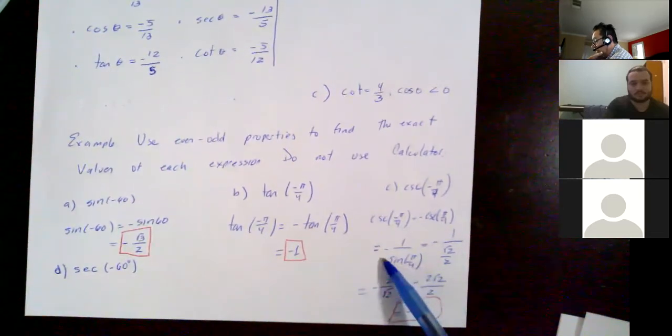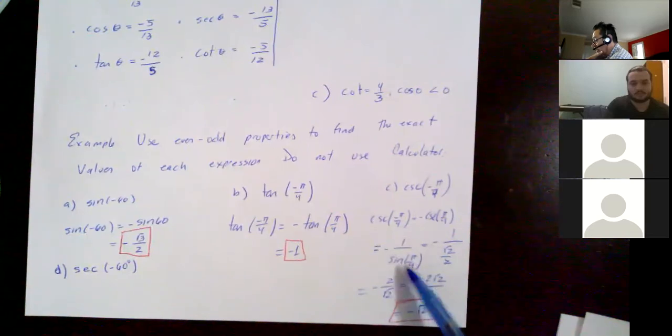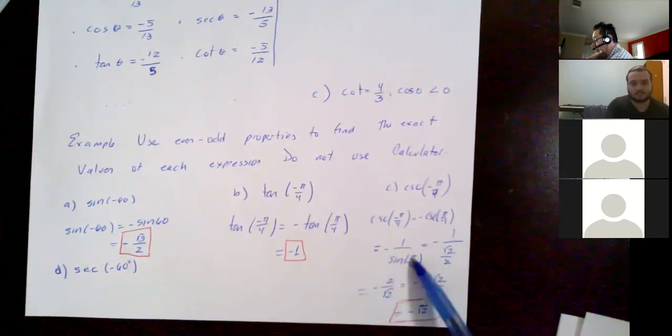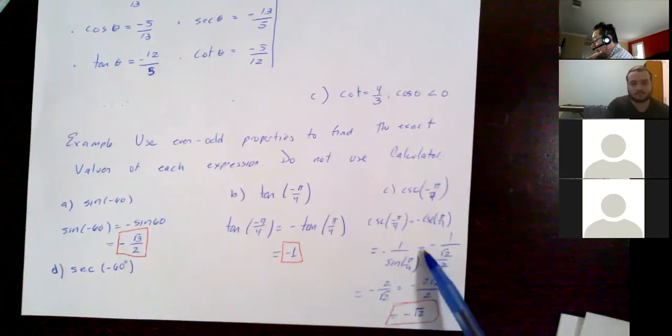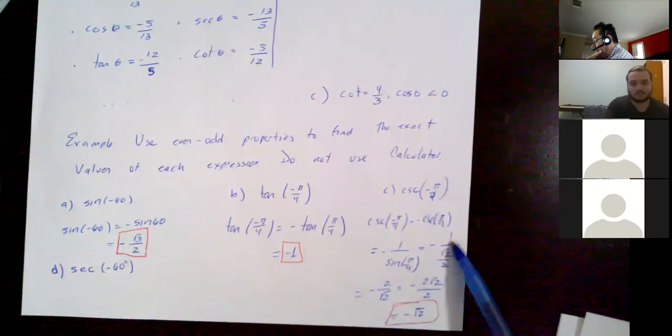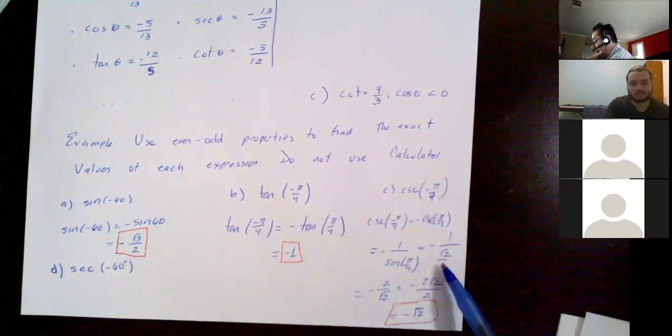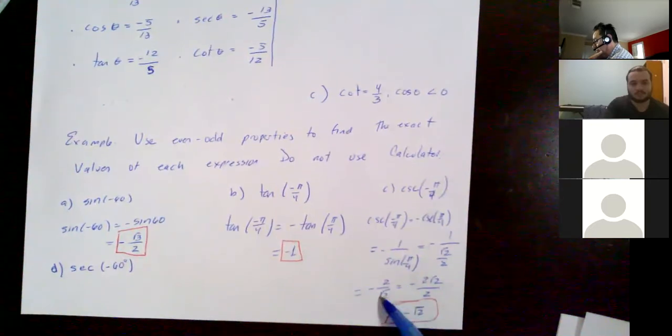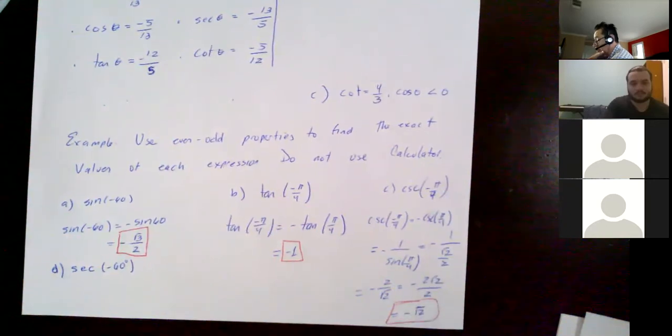So it's negative 1 over the sine of pi over 4, and sine of pi over 4 is square root 2 over 2. This equals negative 1 over square root 2 over 2, which is the same as negative 2 divided by square root 2. If we rationalize, multiplying by the square root 2 on each side, that would be negative 2 square root 2 divided by 2. And at the end, that would be negative square root 2. That would be C.